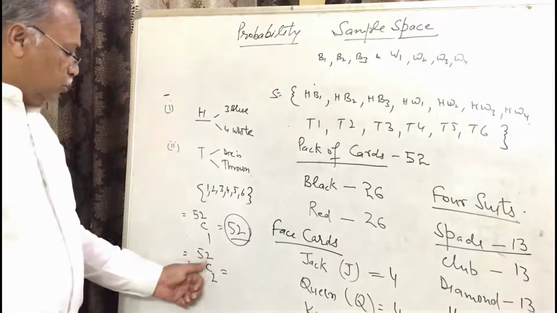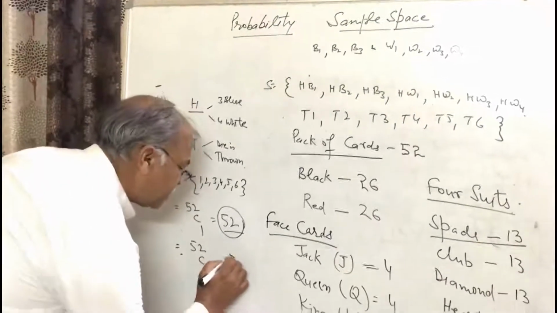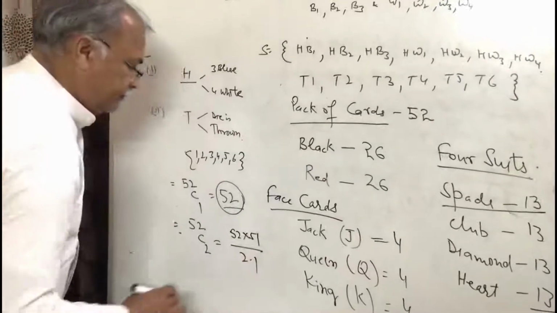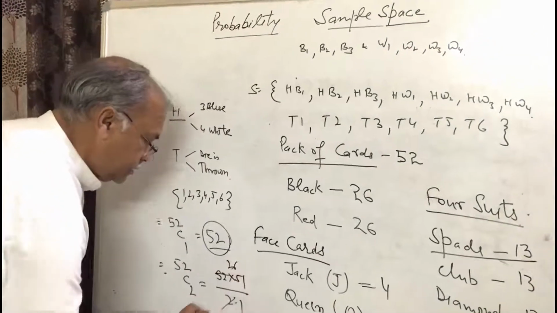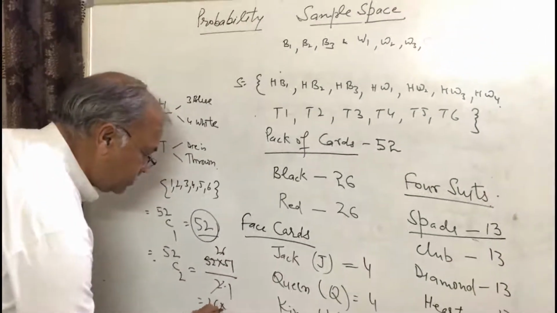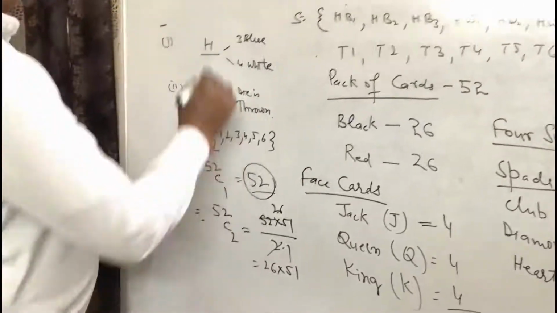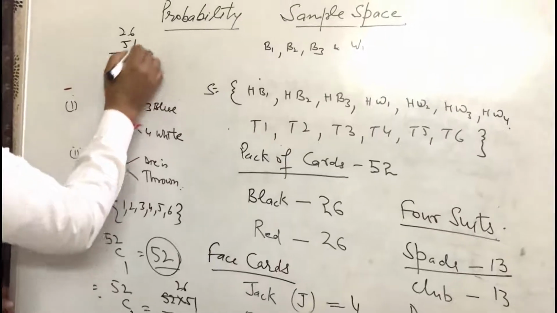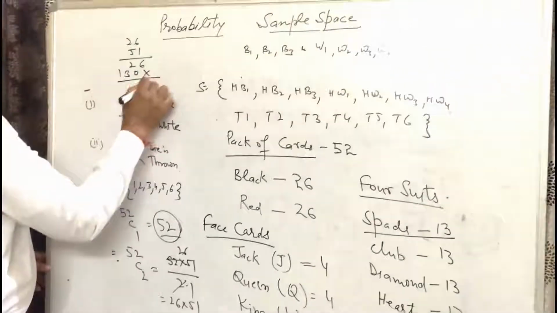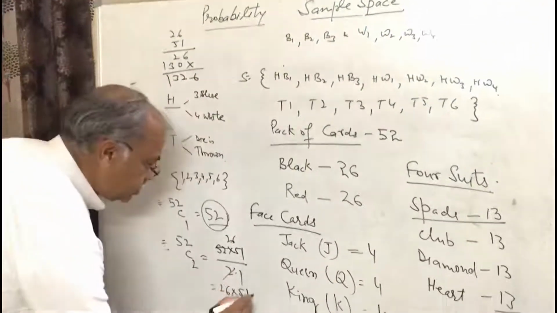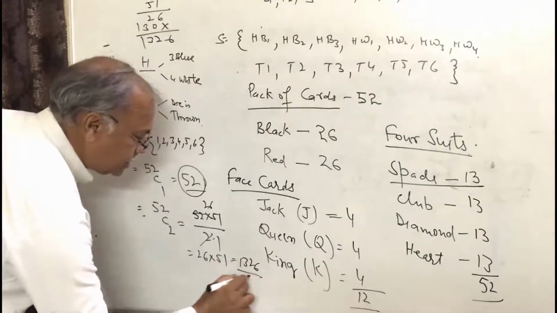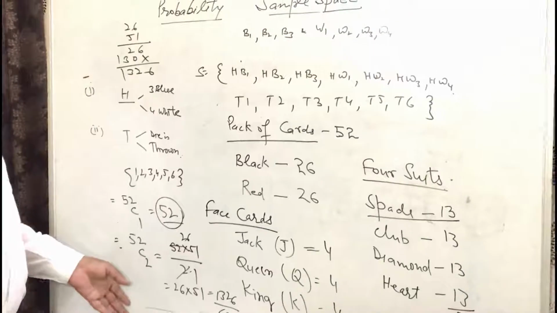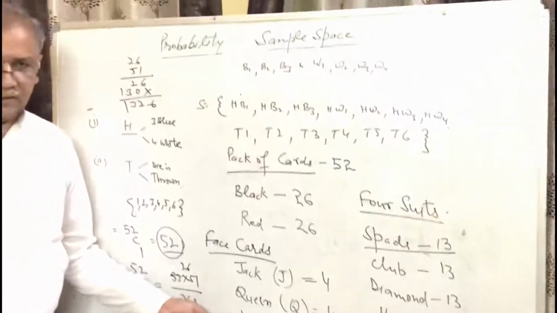This is 52C2. It means 52 into 51 over 2 into 1, which is 26 into 51. We multiply this, and this is 1326 cases. So this is how we can find the sample space for the playing cards.